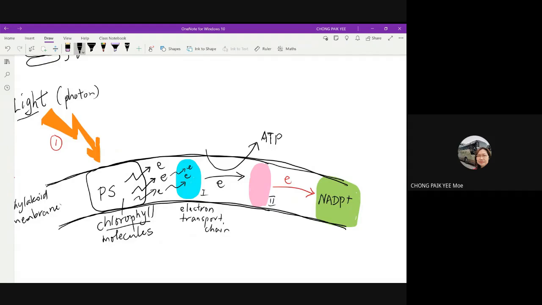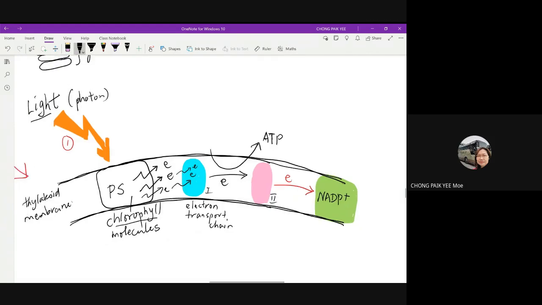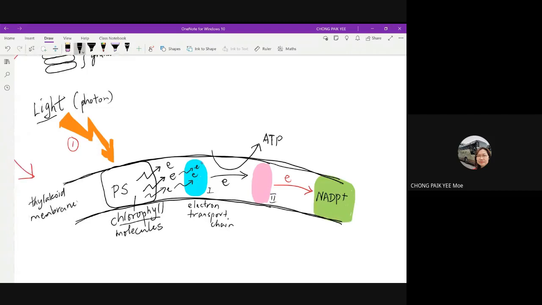As you go along, you can jot this down. ATP, as I mentioned last week, is made from ADP plus inorganic phosphate. In order to form ATP, which is adenosine triphosphate, you need adenosine diphosphate plus another phosphate group. When you add these two, you get an ATP, and this is energy rich.